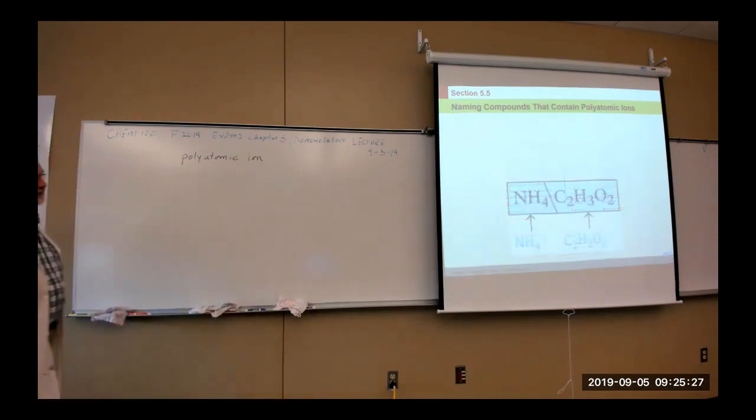All right. So there's another example of a polyatomic with a polyatomic. This one, C2H3O2, is a common compound. Anytime you make a salad dressing, you use that. It's vinegar.